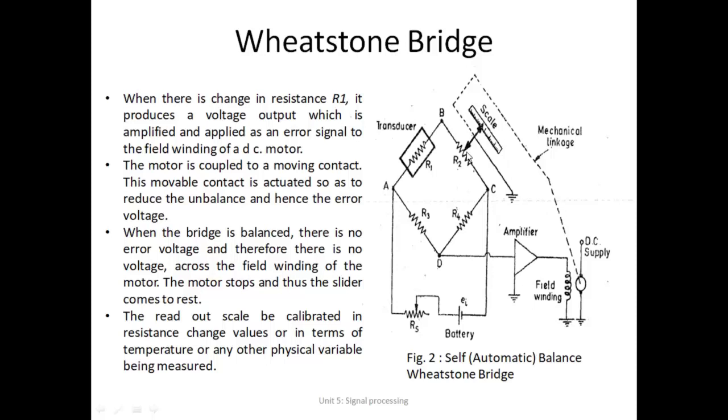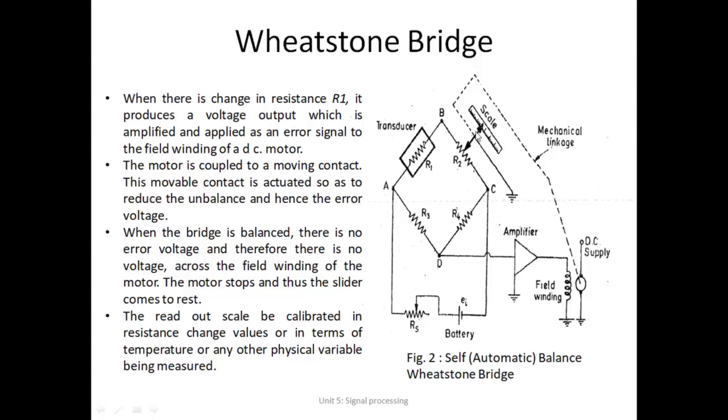When this pointer comes to such a point that these two arms get balanced, the current coming from point D will automatically become zero. That is, the null point will come. The null deflection situation will be achieved over here. As soon as this current stops coming to the motor, the motor will stop and there will be no further change in this scale.